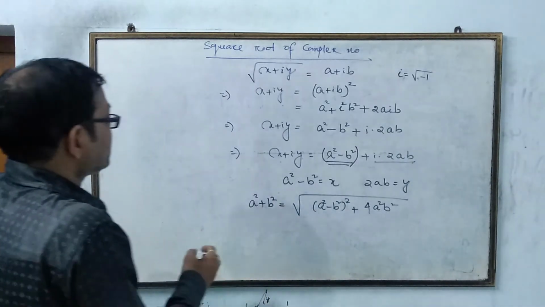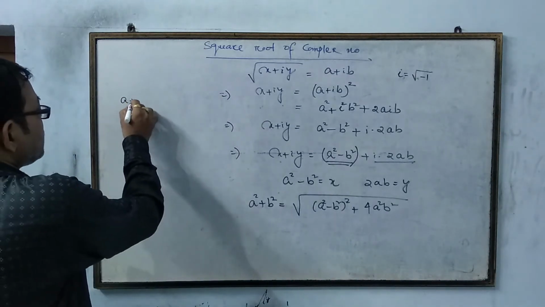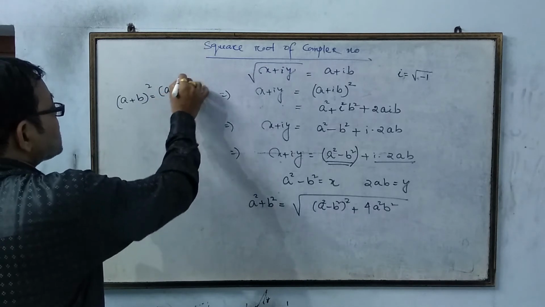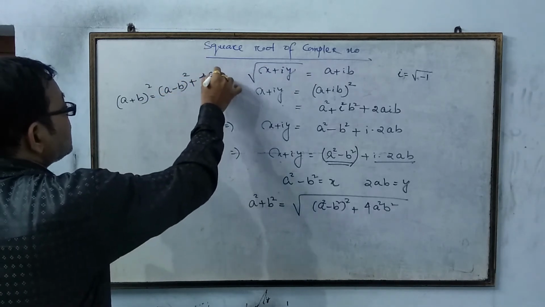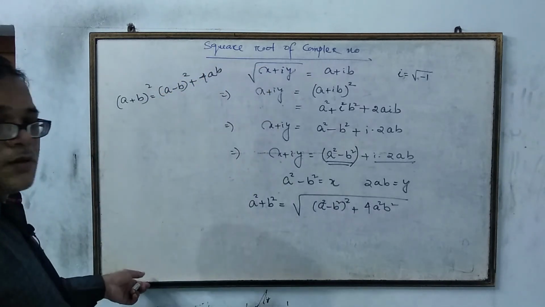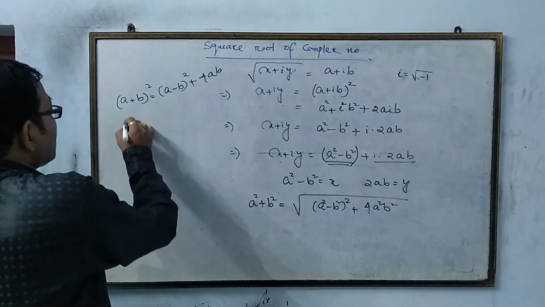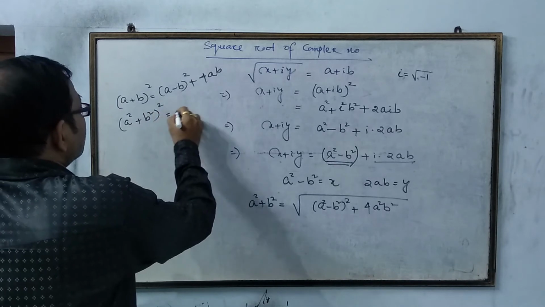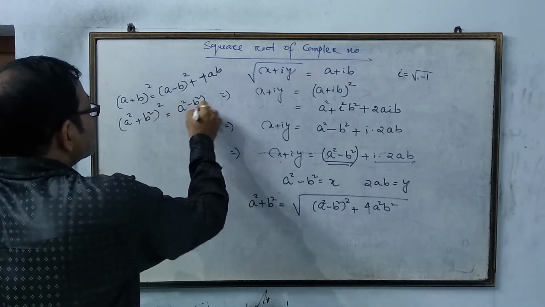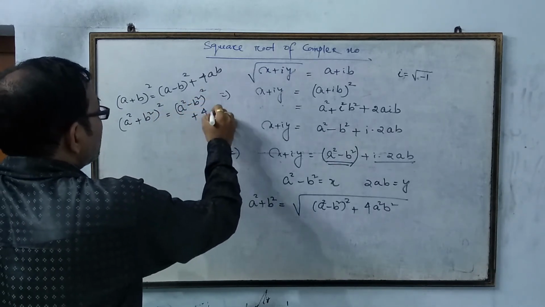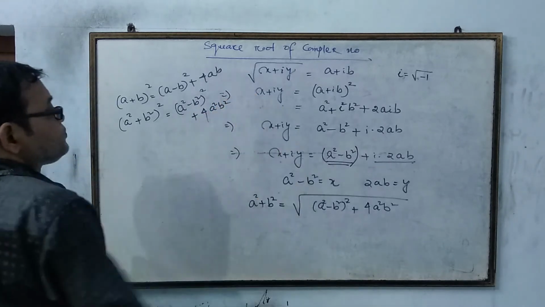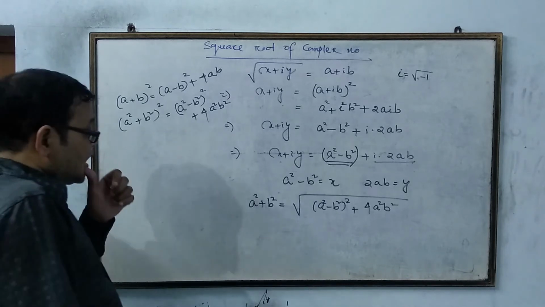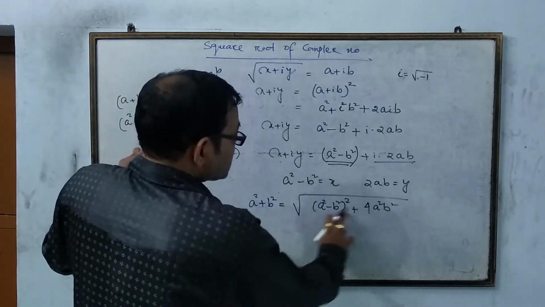We know that (a plus b) whole square is (a minus b) whole square plus 4ab. If I replace a with a square and b with b square, then it will be (a square minus b square) whole square plus 4a square b square. Thereby, I can write a square plus b square equal to under root this one.